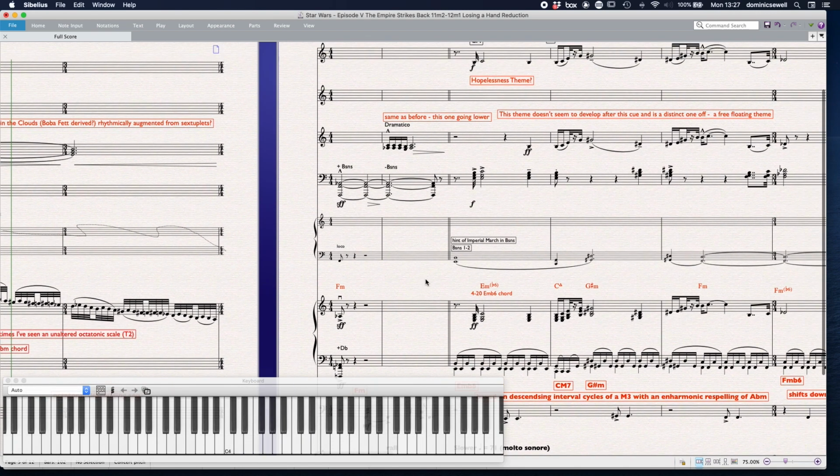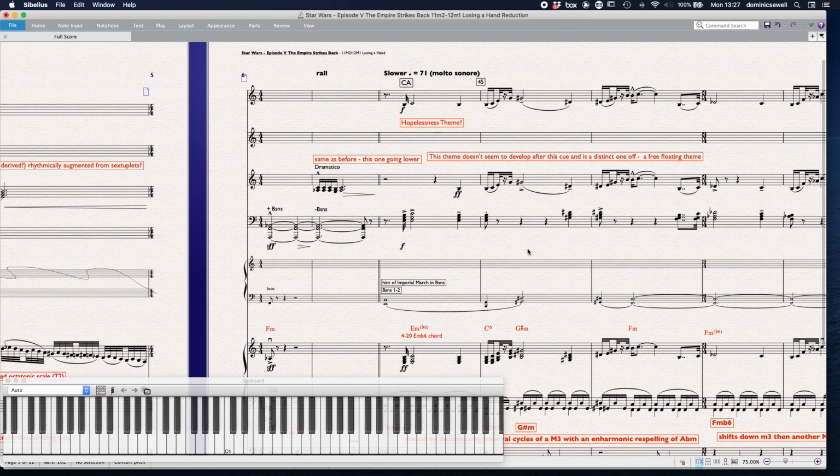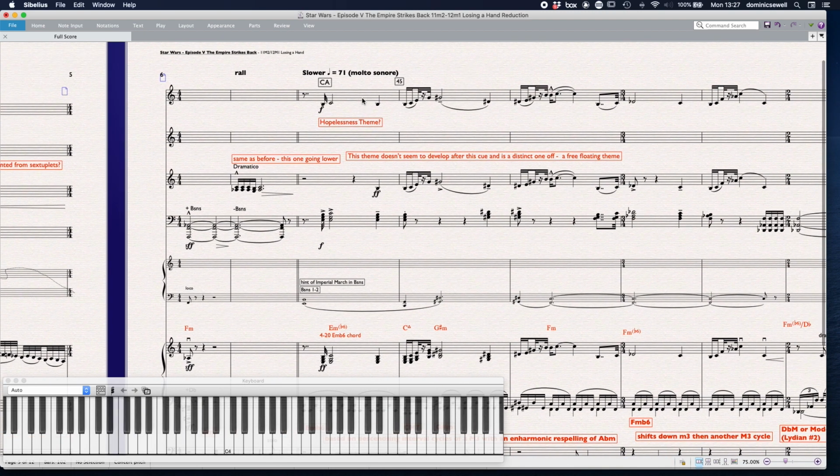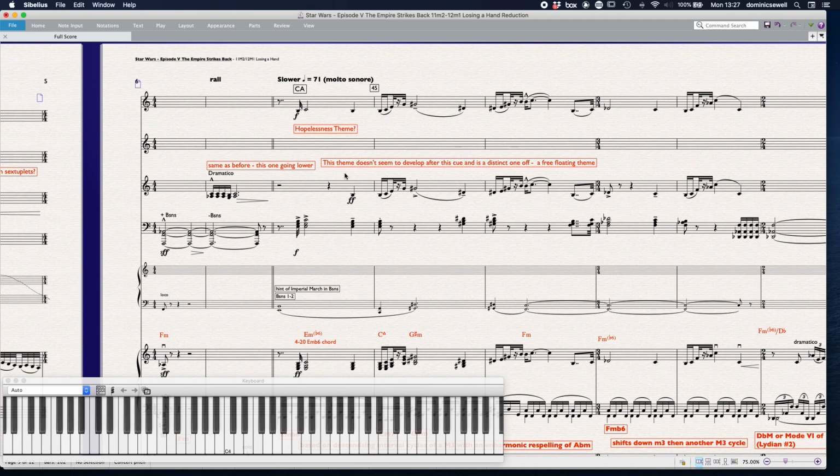Then we've got a really interesting passage of music. It's a theme that only really exists in this cue. So it doesn't get reused at any point, particularly. And it's this one here. So I've called it a sort of hopelessness theme, but that's not right because it isn't always.